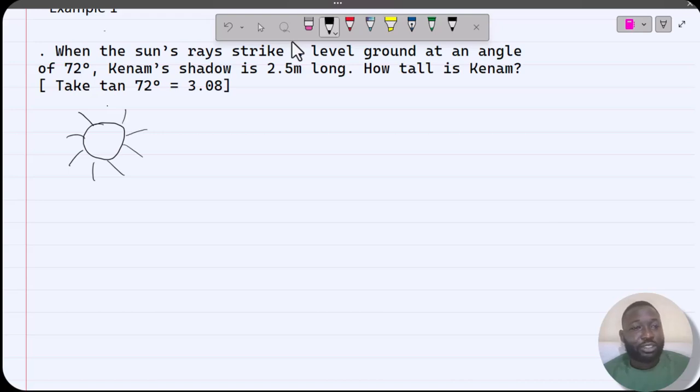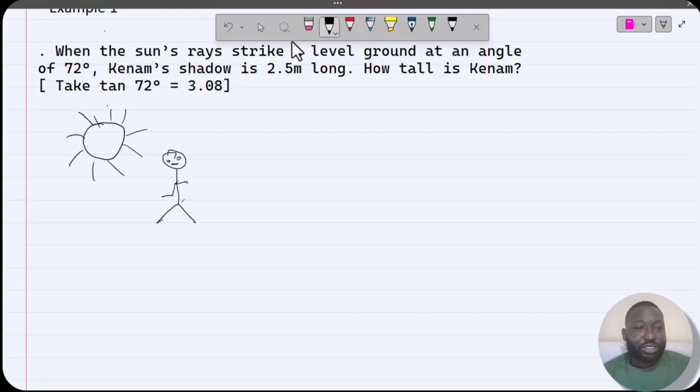That's the sun ray. And then now, Keenan. Keenan is somewhere here. That's Keenan. Fine boy, Keenan.